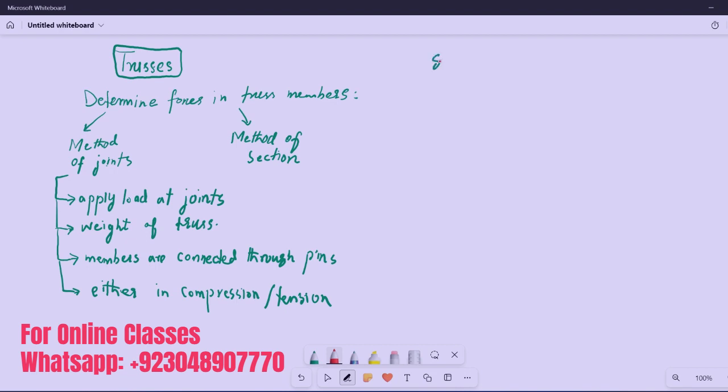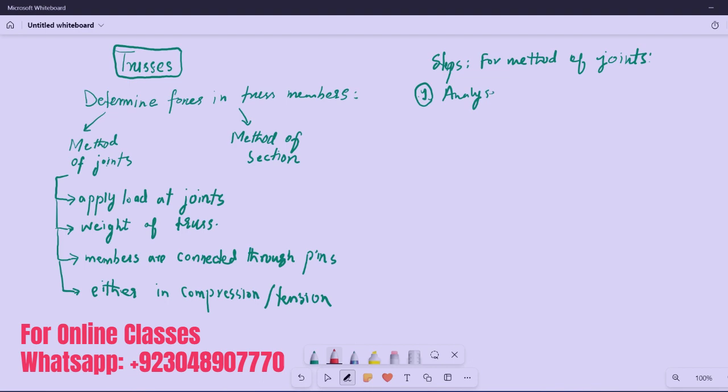So I will write here the steps you need to follow for the method of joints. While solving this kind of questions, first you have to analyze the truss members and whether they are in compression or in tension.